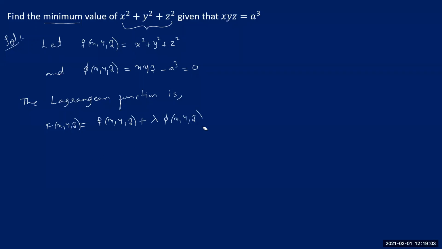Now let me substitute everything into this. It is equal to x square plus y square plus z square, plus lambda times, substituting the relation phi, xyz minus a cube. Now you have the required Lagrangian function. I'm taking this as equation number 1 for convenience. Now let me take this as equation 2.